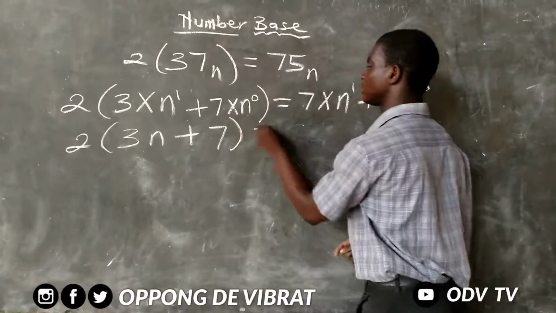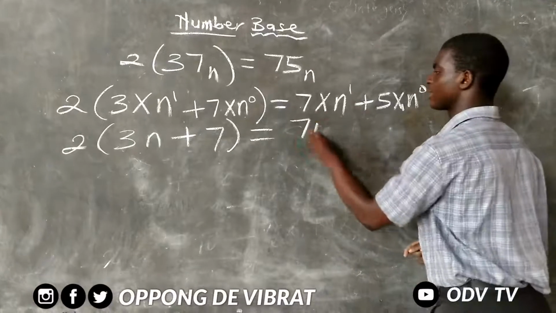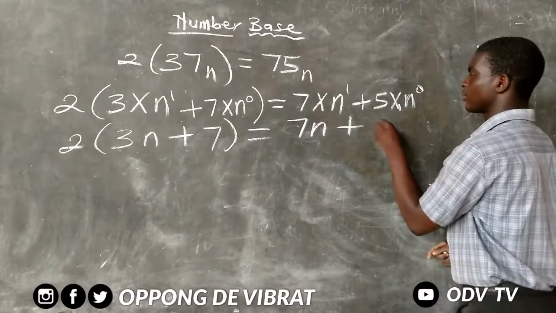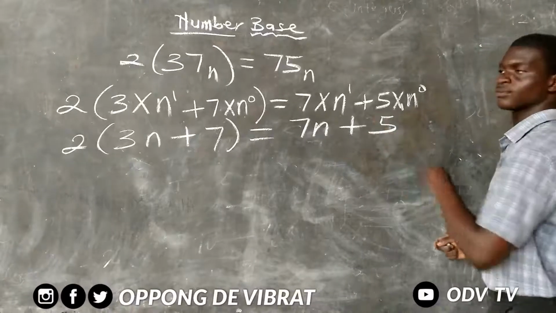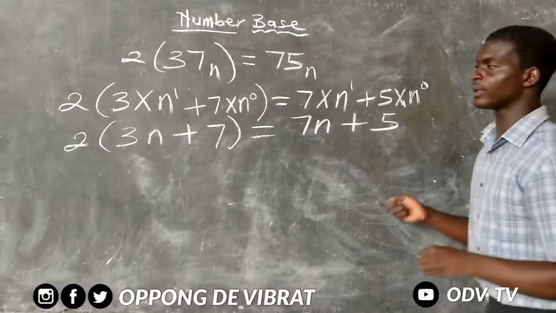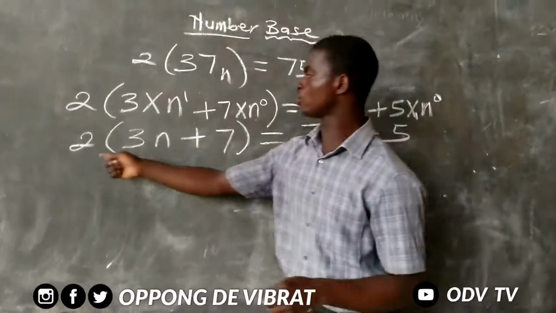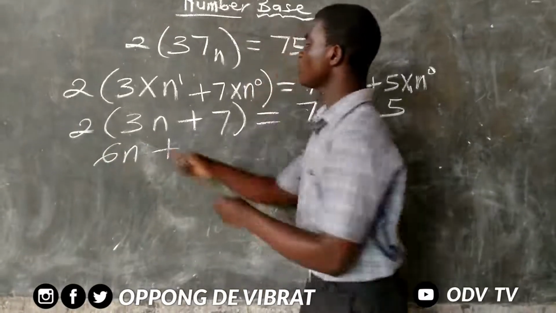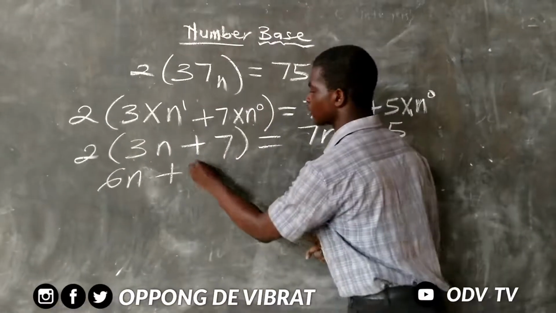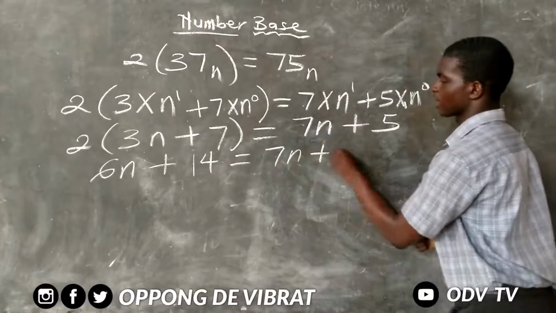We close the bracket, equals 7 multiplied by n to the power 1 gives us 7n plus 5 multiplied by n to the power 0 gives us 5. And so with this, we have to expand this and equate it to that. So 2 multiplied by 3n gives us 6n plus 2 multiplied by 7 gives us 14, which is equal to 7n plus 5.